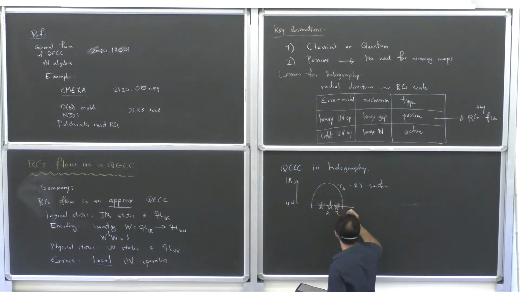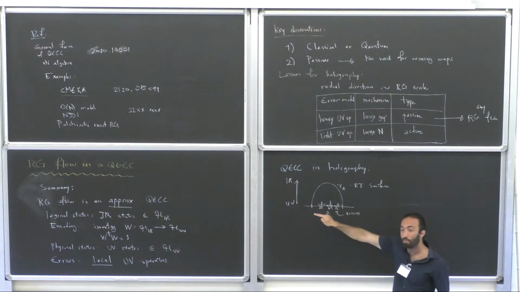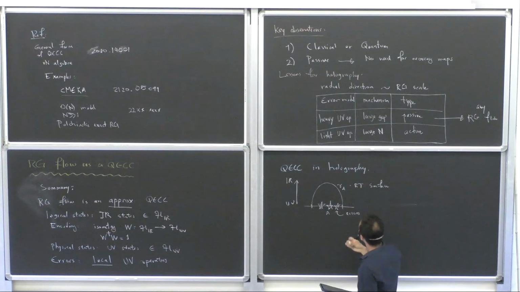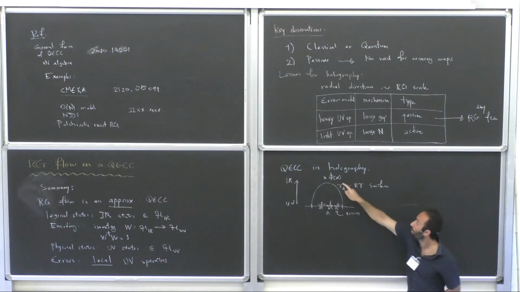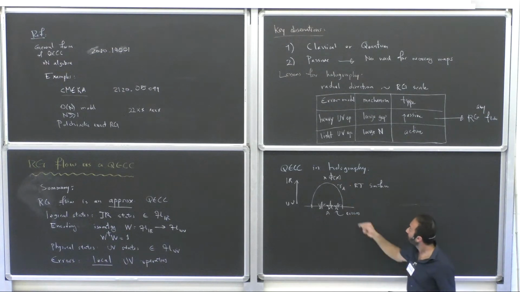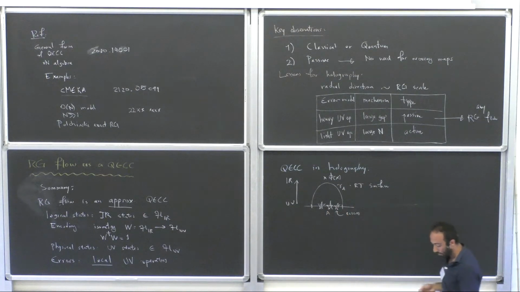So when I say UV operators, I mean errors are here on the boundary. And the encoded information is out here. This is the infrared, right? Some local operator inserted deep in the bulk and outside of the RT surface corresponding to A.